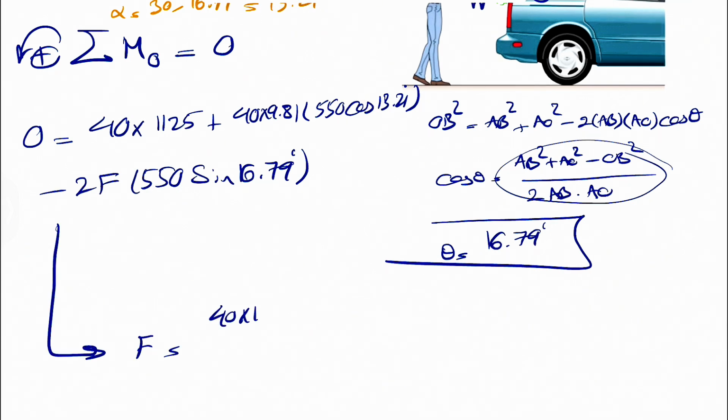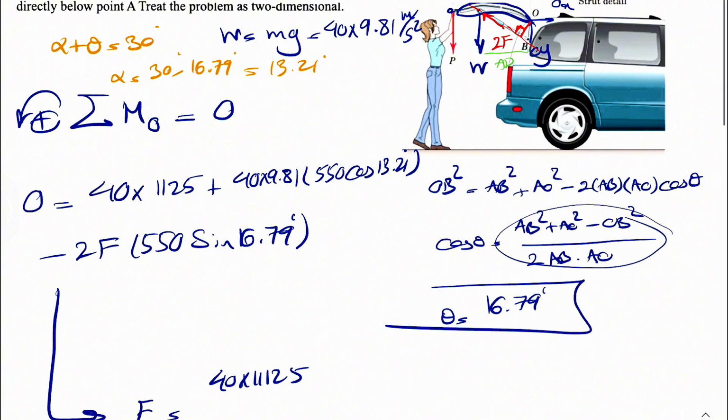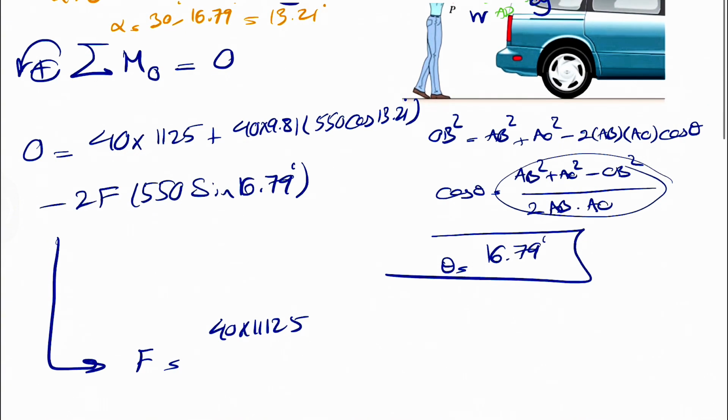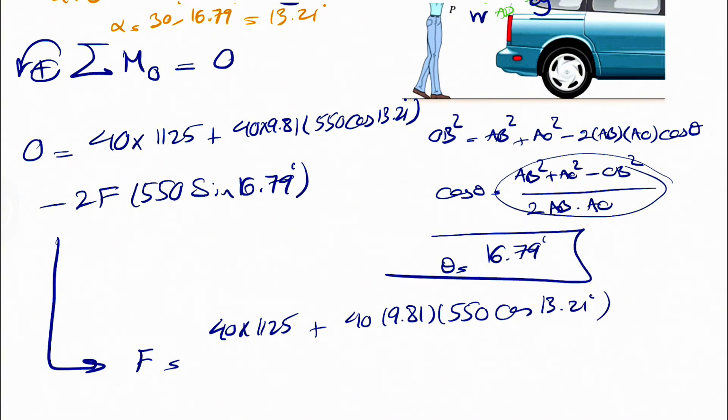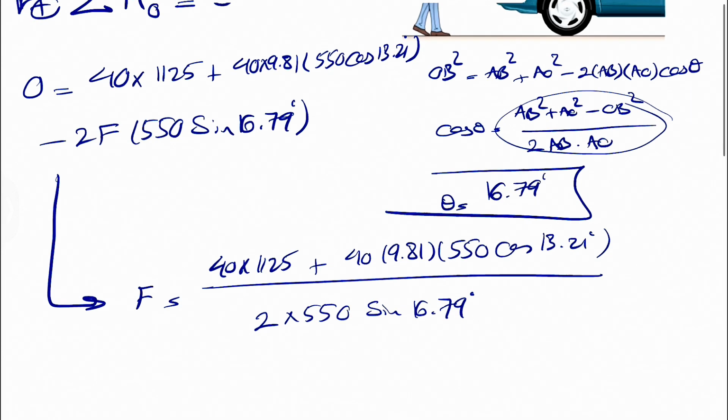So basically I have 40 times 1125, and we don't need to do the unit conversion for the millimeters in here because they are all in millimeters, and dividing each of them by 1,000 won't make any difference in this equation. So 1125 plus 40 times 9.81 times 550 cosine of 13.21, divided by 2 times 550 sine of 16.79 degrees.